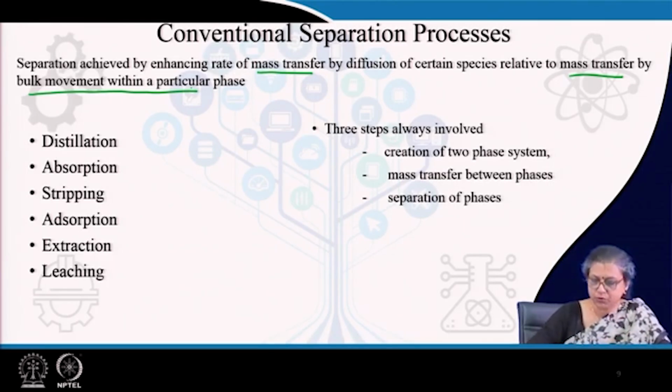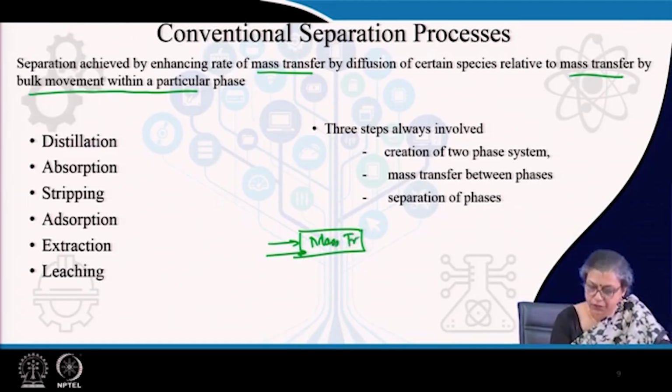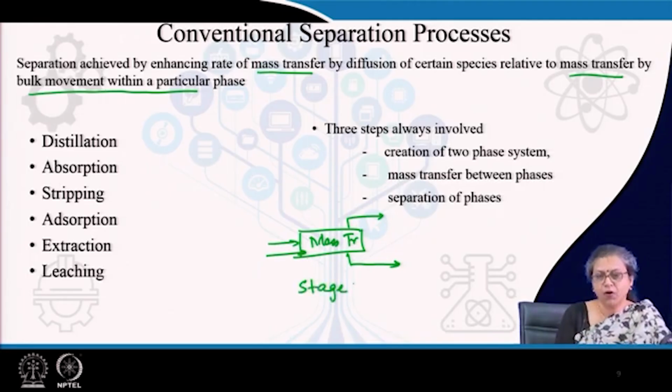So, it is important that the interphase mass transfer rate is much faster as compared to the mass transfer occurring by bulk motion. As I have told you, in all these processes we either create or add the two phases, and then mass transfer occurs in some particular equipment or a combination of equipments, and then we achieve separation. This entire process comprises one stage of the separation process.